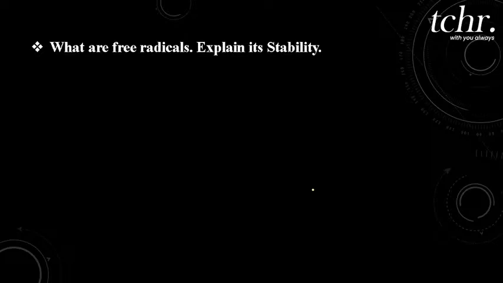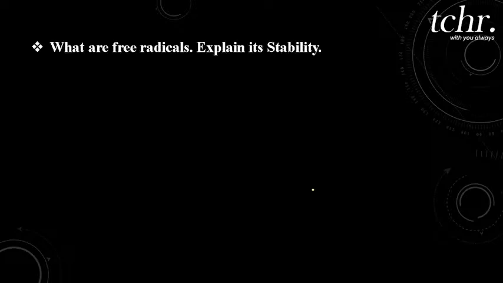About these intermediates you can expect a 2 marks question: What are free radicals? What are carbocations or carbanions? So you can expect 2 marks questions from the intermediates part also. So, what are free radicals?